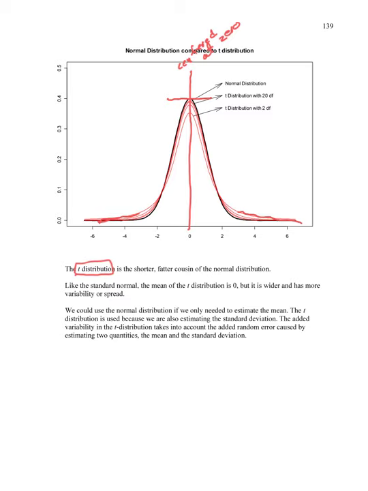So the t-distribution is used because we are also estimating the standard deviation, and the added variability in the t-distribution takes into account the added random error caused by estimating two quantities, the mean and the standard deviation.